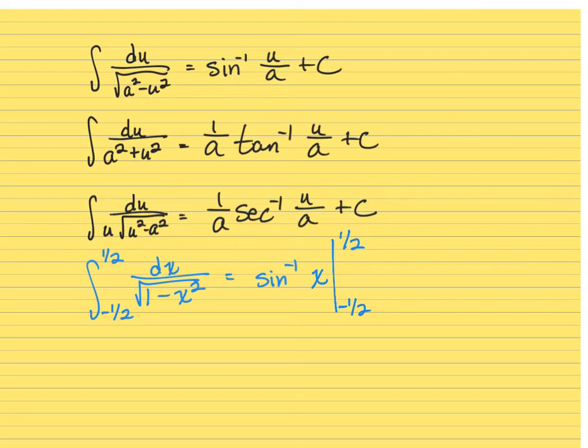So if we plug those into the inverse sine, we're going to end up taking the inverse sine of 1/2, which is pi sixths, minus the inverse sine of negative 1/2, which is negative pi sixths, so minus negative pi sixths.